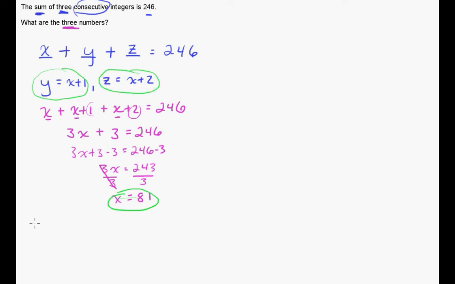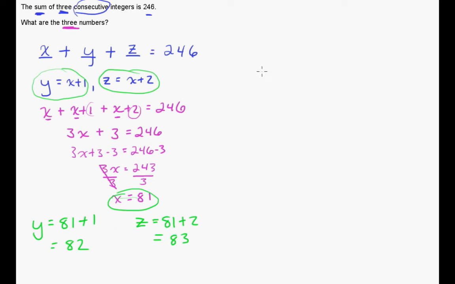So for y, we had 81 plus 1 equals 82, and for z, we had 81 plus 2, that equals 83, right? So now we have 81, 82, and 83.